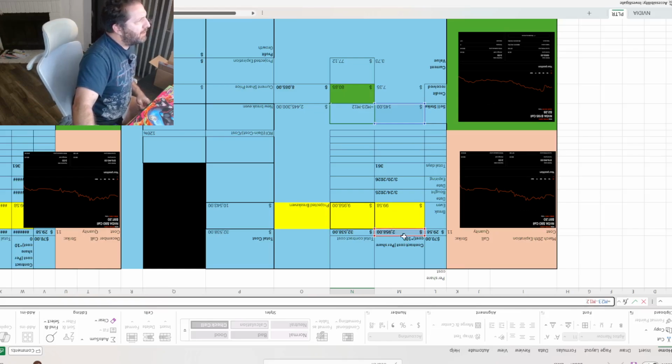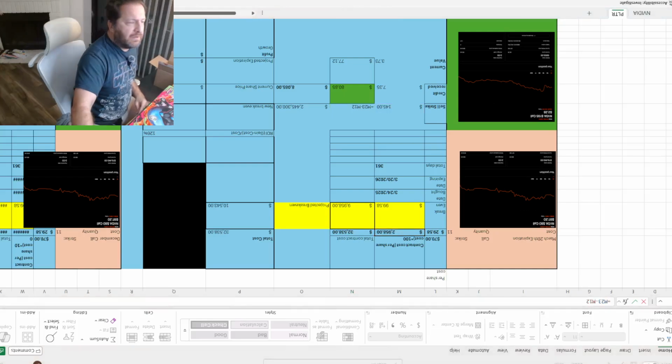Cost minus your credit. Credit is 735. Where is that?